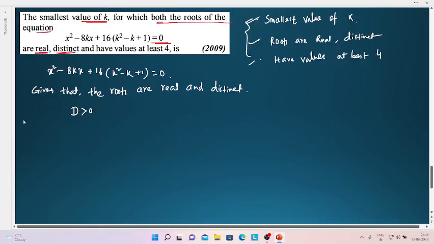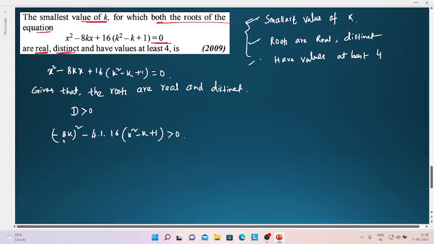Since D is greater than 0, you have to find out the value of D, which is b square minus 4ac, where b is the coefficient of x, a is the coefficient of x square and c is the constant term. So D will be minus 8k, whole square, minus 4 times 1 times 16 into k square minus k plus 1, which is strictly greater than 0, right?